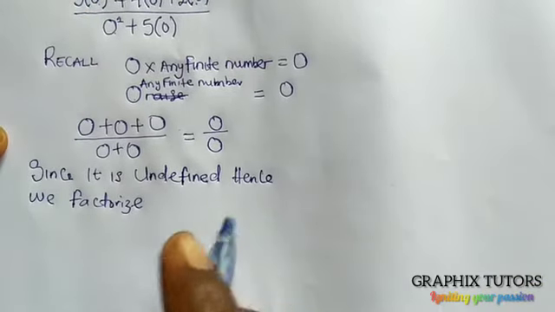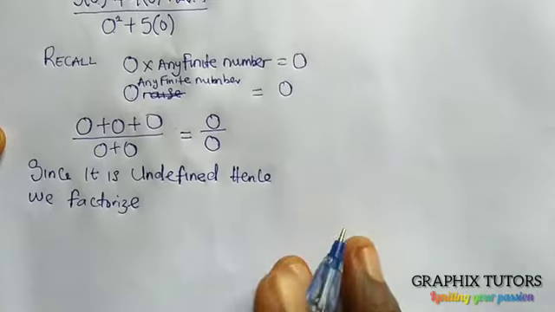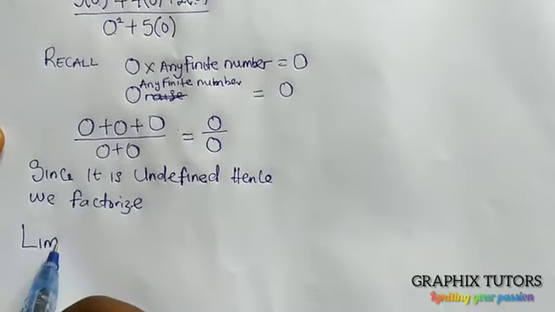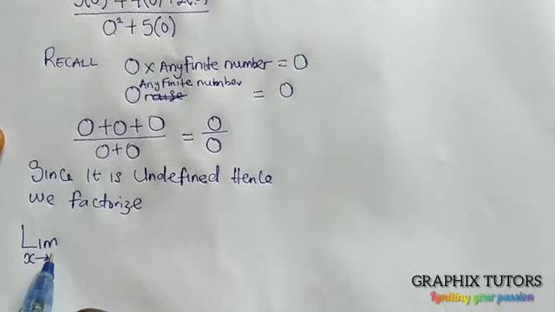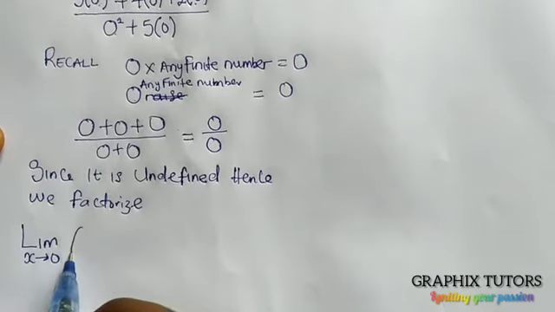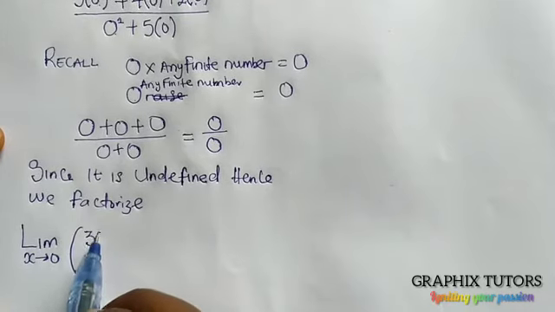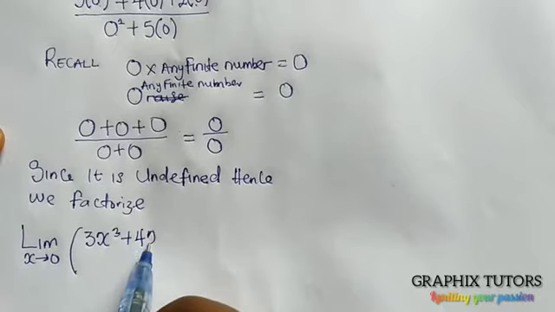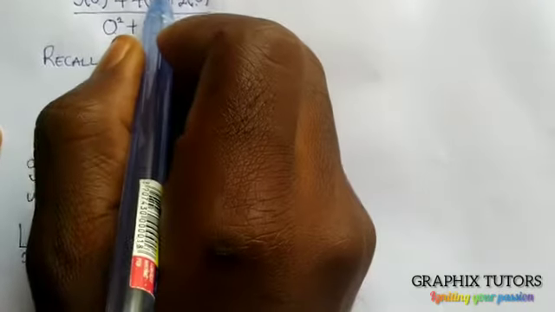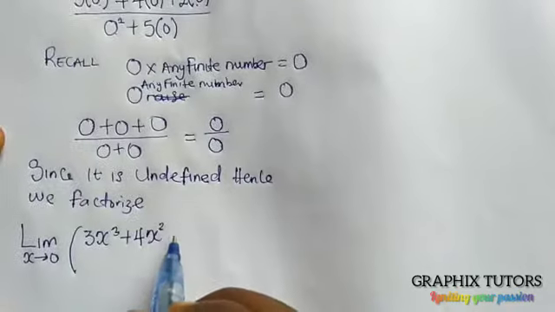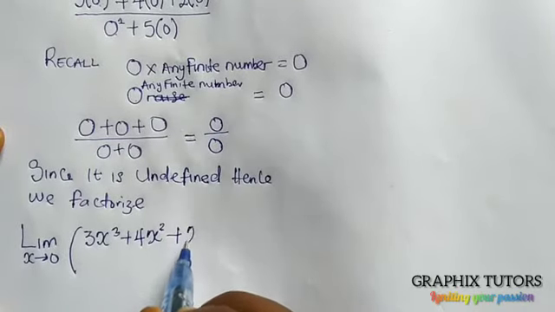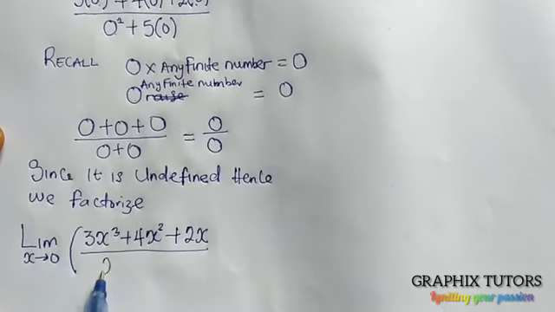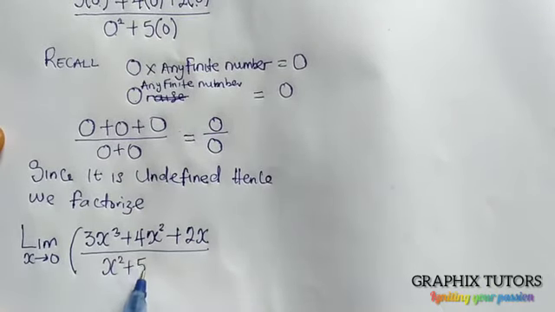So when I factorize now, our question goes this way. We have the limit of x tends to 0 of (3x cubed plus 4x squared plus 2x) all over (x squared plus 5x).